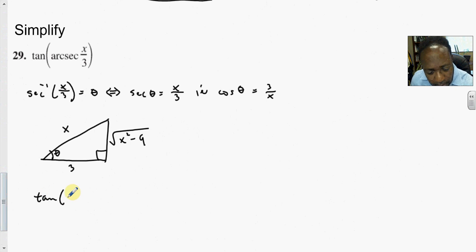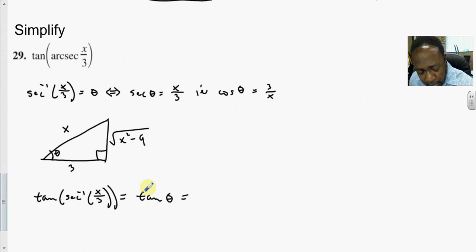So the tangent of secant inverse of x over 3, which is tangent theta, and the tan theta is the square root of x squared minus 9 all over 3.